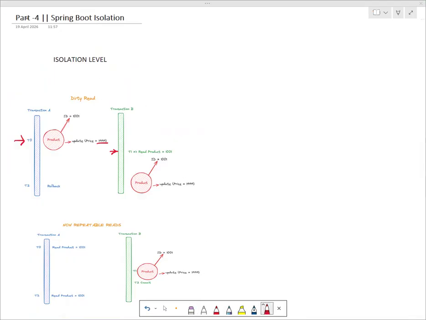So today we will discuss the transactional annotations part 4, which is isolations.